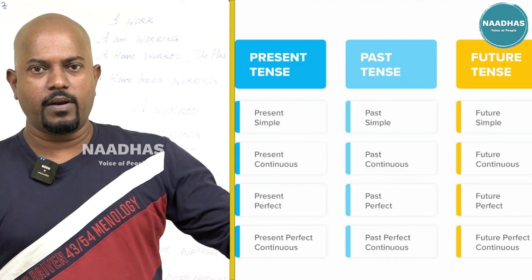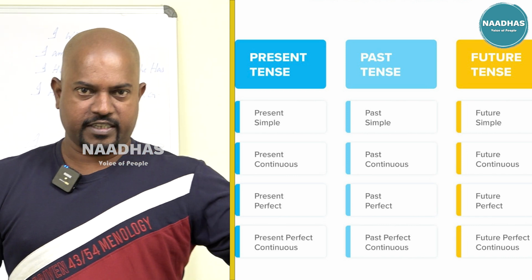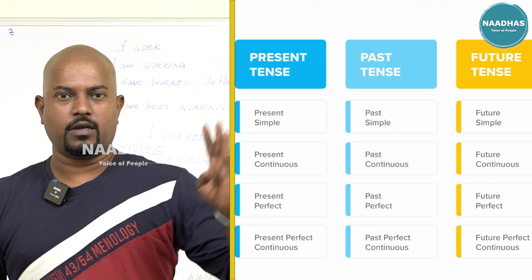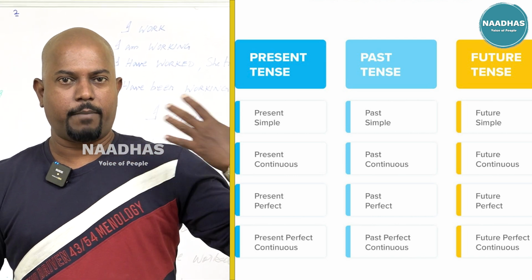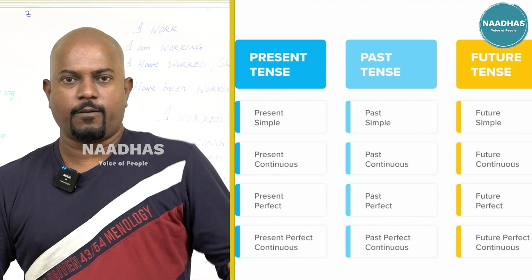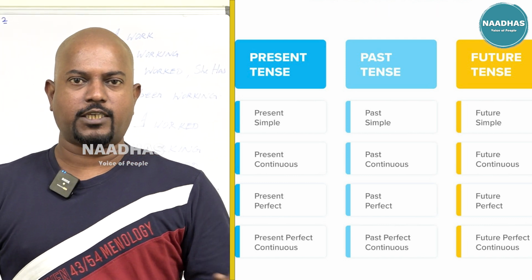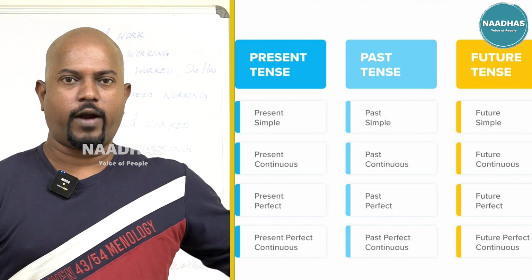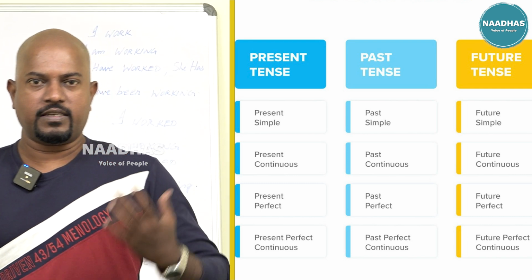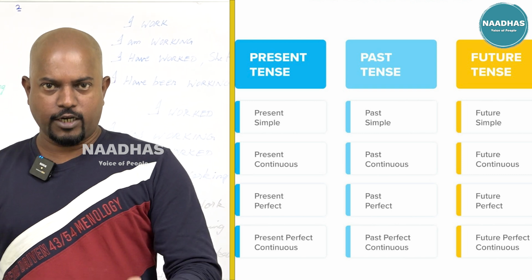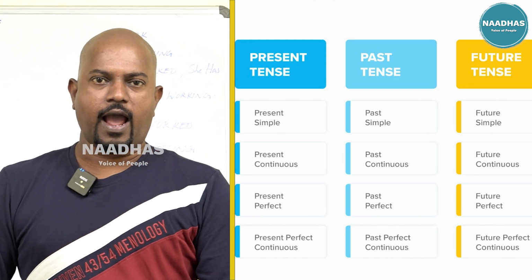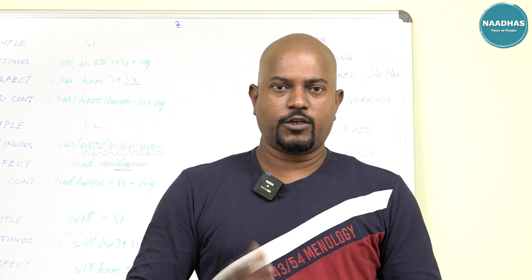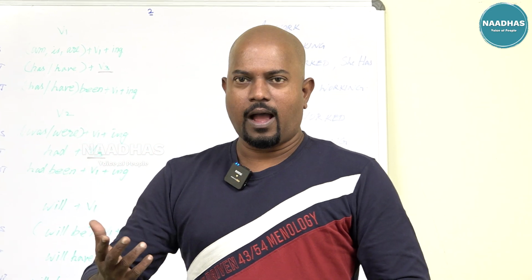When you take simple present, present continuous, present perfect, present perfect continuous, that's four, and past tense: simple past, past continuous, past perfect, and past perfect continuous, four plus four, eight, and future: simple future, future continuous, future perfect, and future perfect continuous. So altogether we have 12 tenses, all right?